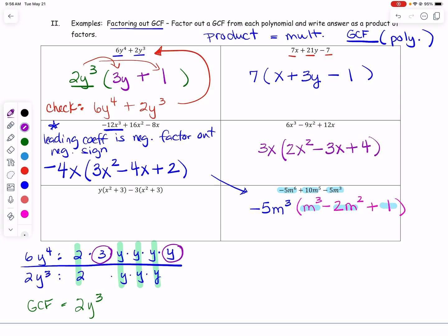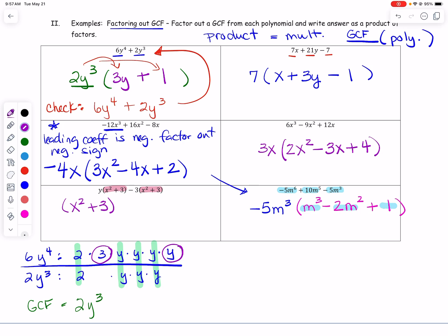Okay? Now, the next one looks a little bit different, and the thing is that our GCF in this case happens to be a group in parentheses. They both have that term in common. So just like before, I'm going to write my GCF one time, and I'm going to divide each group by x squared plus 3.